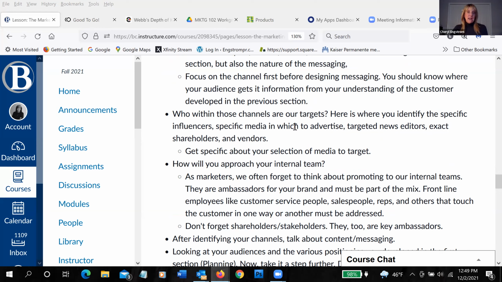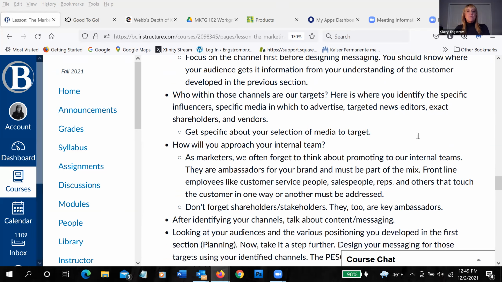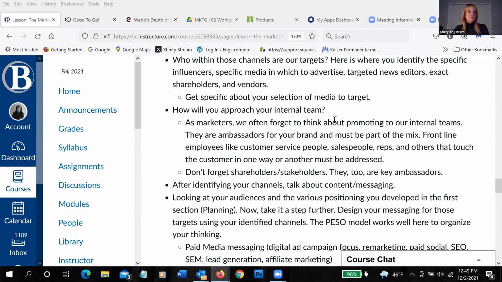You're looking at your channels that you're going to target, which are really going to be the best places to reach people. Now, this approach has more than you're going to need to do. I don't care if you do anything on the internal team at this point. A true marketing plan would talk about how you are going to integrate the internal team.